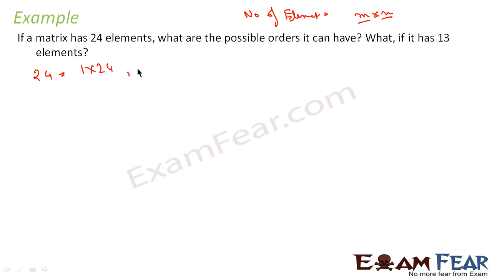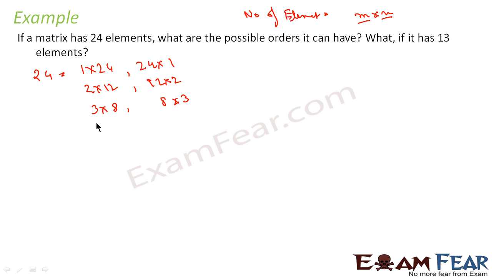I can also write 24 into 1, just same thing, flipped it. I can write 24 as 2 into 12, also 12 into 2, just flipped it. Because we see if you flip this, you say m into n or n into m, both the matrices are different. Also I can write as 3 into 8, flip it, this becomes 8 into 3.